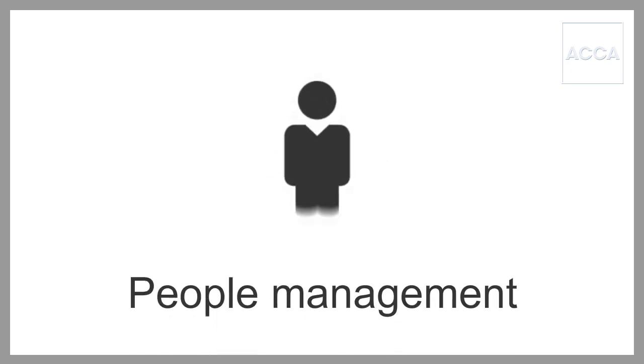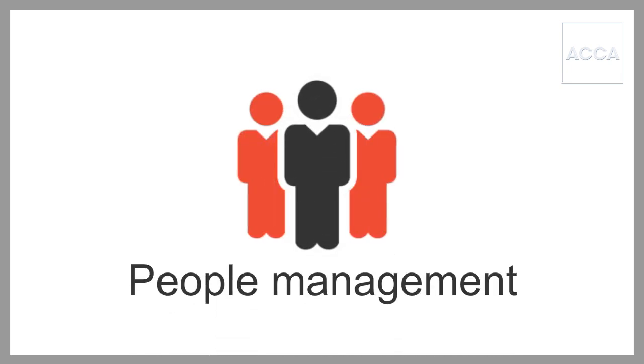A significant part of the syllabus concentrates on people management, from leadership and team behaviour to business communication and motivation, including the recruitment and development of staff. There's also greater emphasis on ethics in the new syllabus, including knowing about fundamental principles of ethical behaviour, about codes of ethics and corporate codes, and the nature of ethical conflicts and dilemmas.